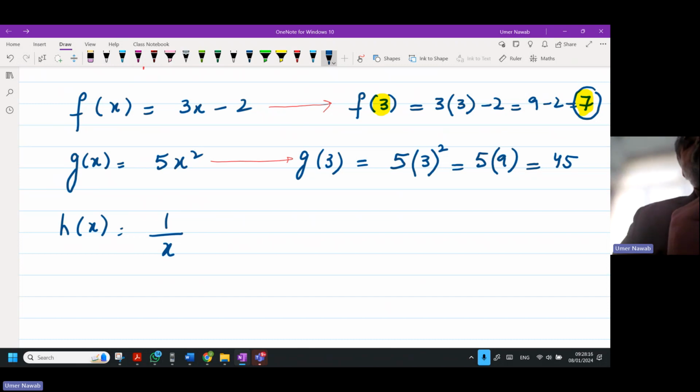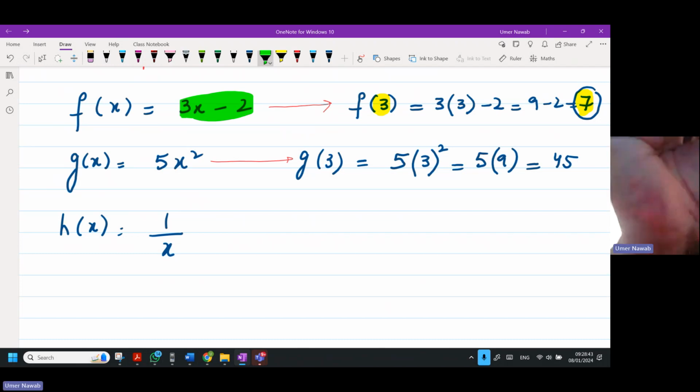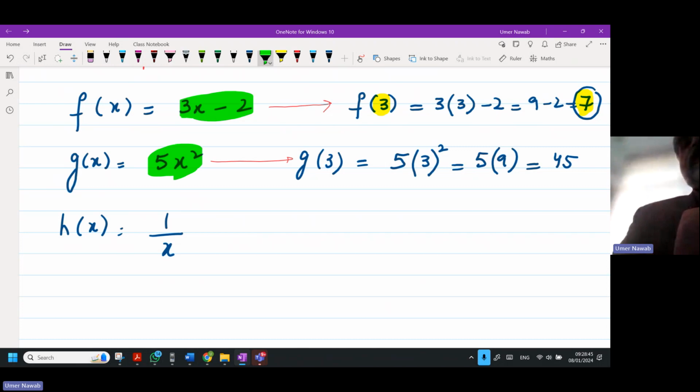Imagine, in the previous rule I got my output 7, but in this case my output is 45. So whatever rule you have defined, you get the output accordingly. I used f of x as 3x minus 2, so for the input 3, I got the output 7. In the case of the g function, my rule was 5x squared, so when I used my input 3, it gave me my output 45.